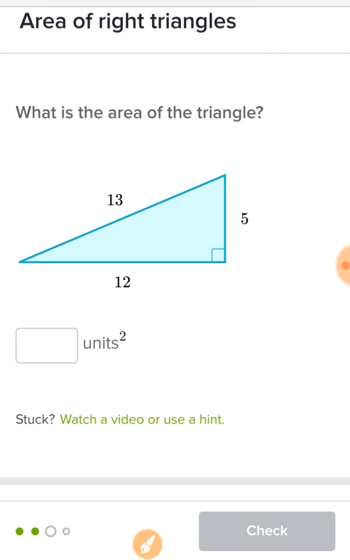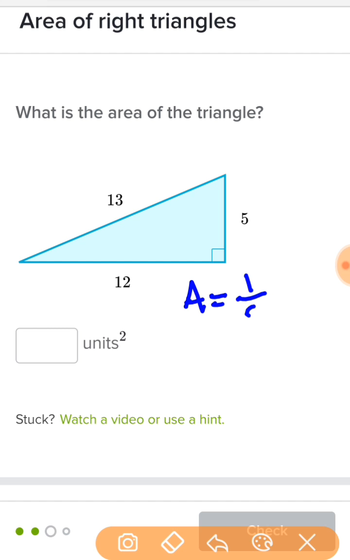So here's another one. What is the area of this right triangle? So again, I know that the formula is the area is half of the base times the height. I know that the base and height will be connected by a right angle. And so half of the base, which in this case is 12, and the height is going to be 5.